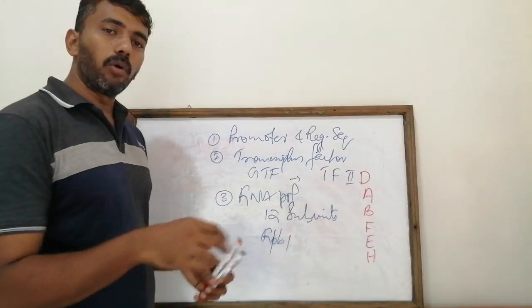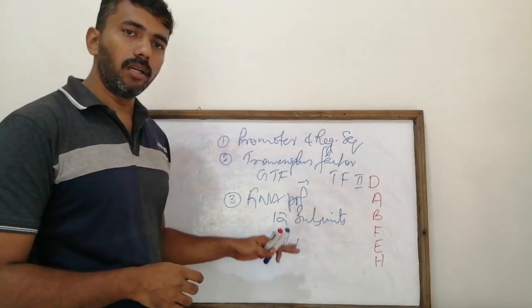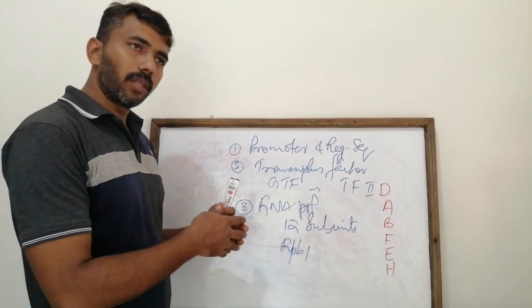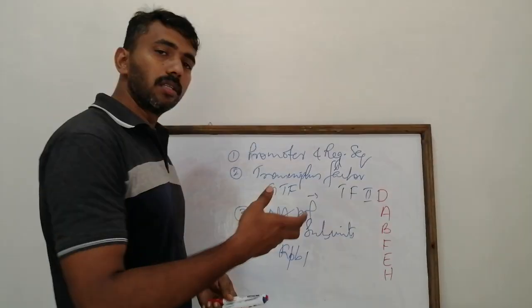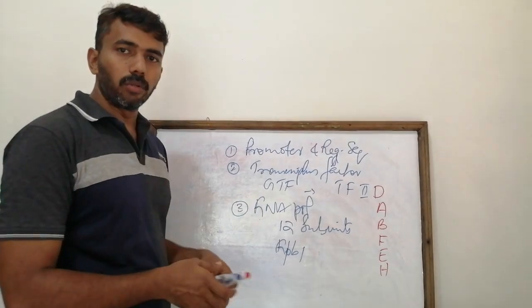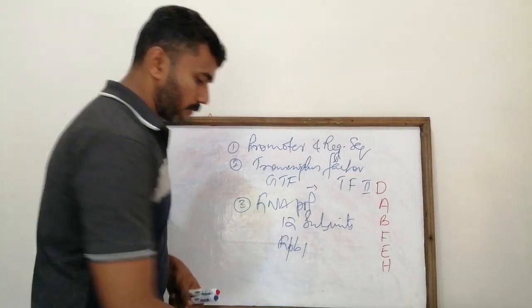The carboxy terminal domain of RPB1 is a crucial part: when it is phosphorylated, it goes for elongation, and if it is in the non-phosphorylated or dephosphorylated state, it will be responsible for the initiation process.